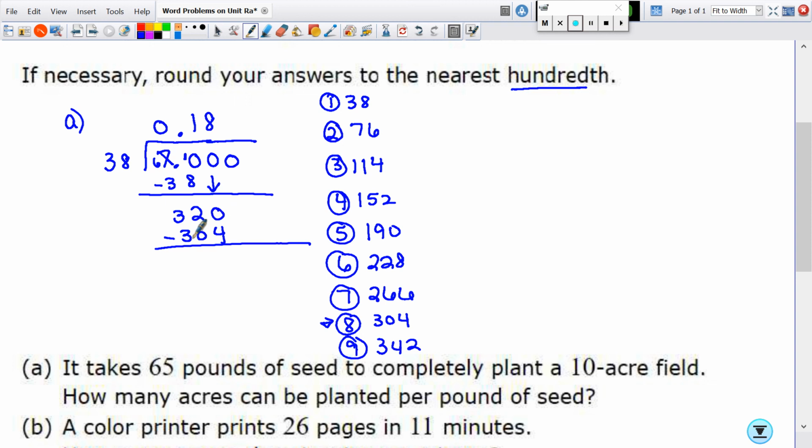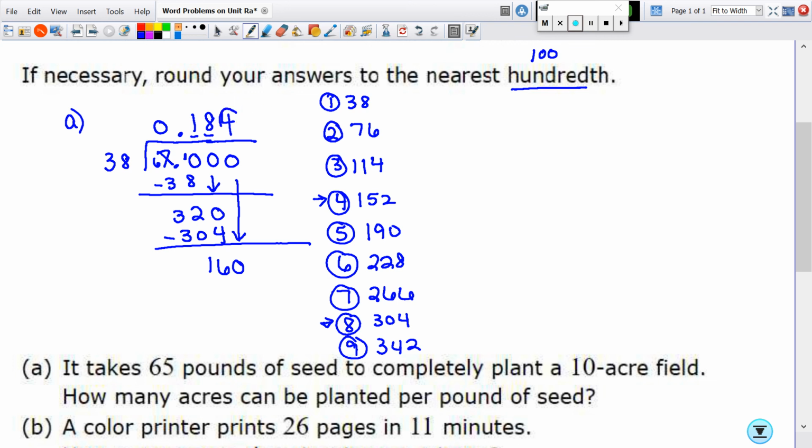So 320 take away 304 is 16. Bring down my 0. 160. Well, 190 is too big, so I'm going to use 152, which is 4. However, my answer said round to the nearest hundredth, so I don't even have to finish anymore, because 100 has 2 zeros, so I want 2 numbers in my answer.